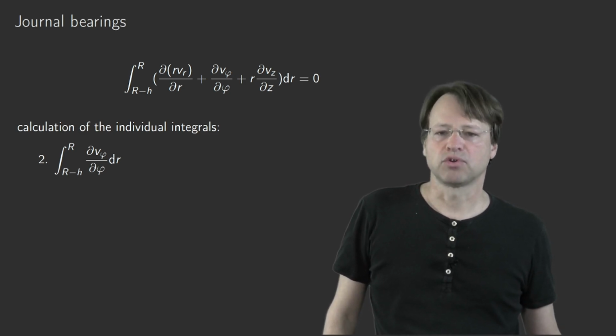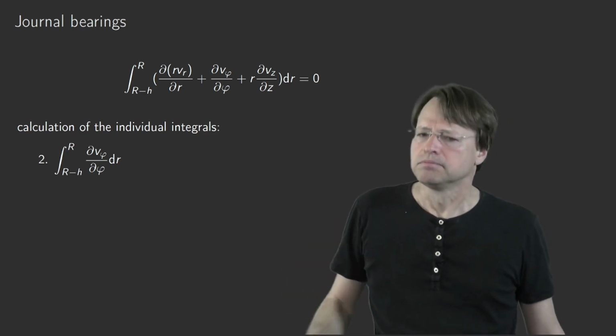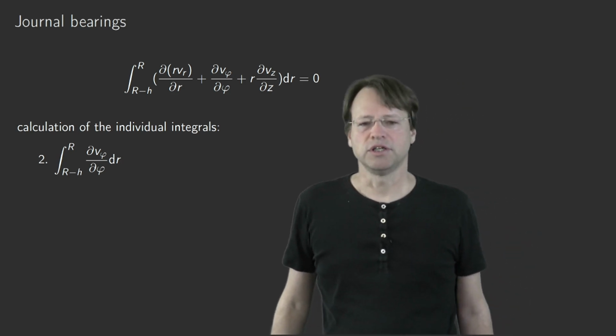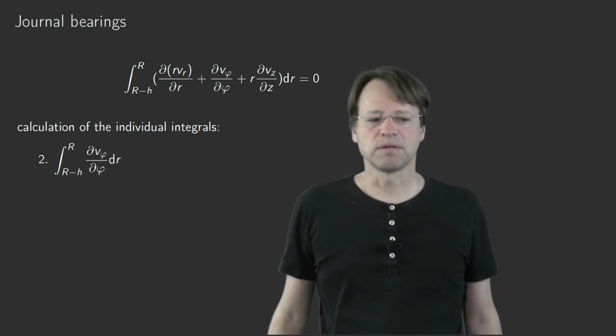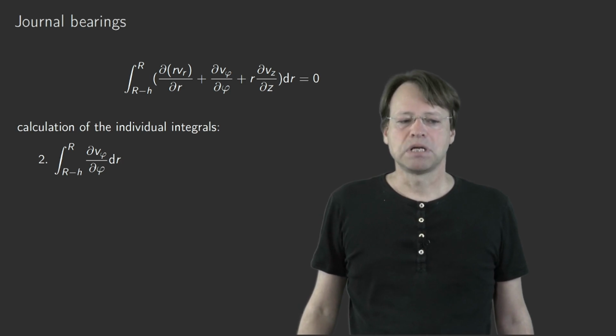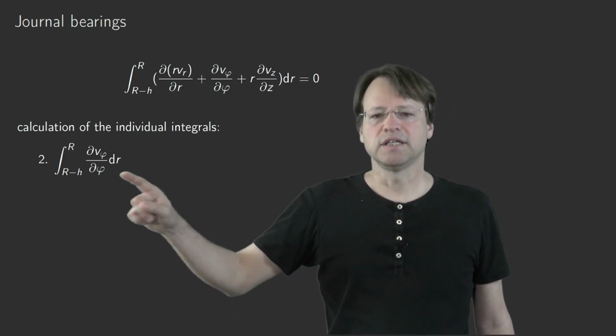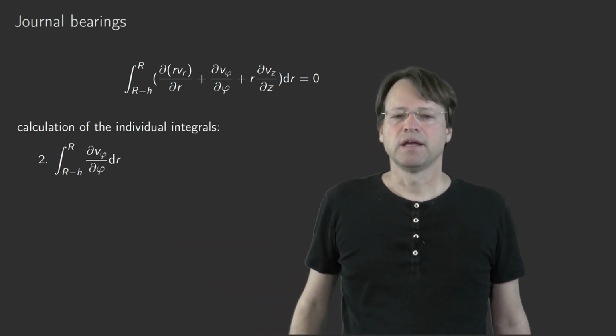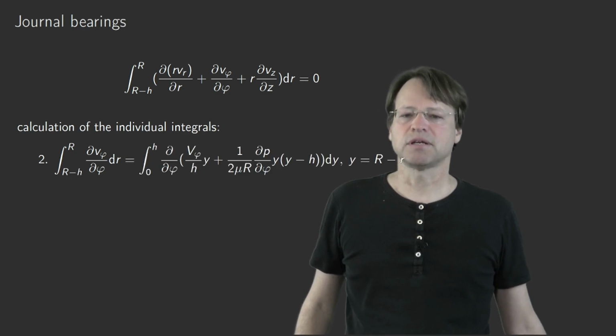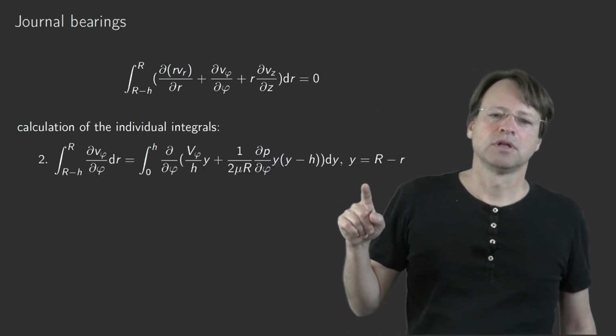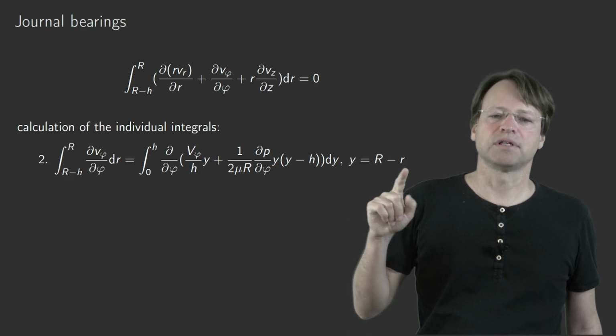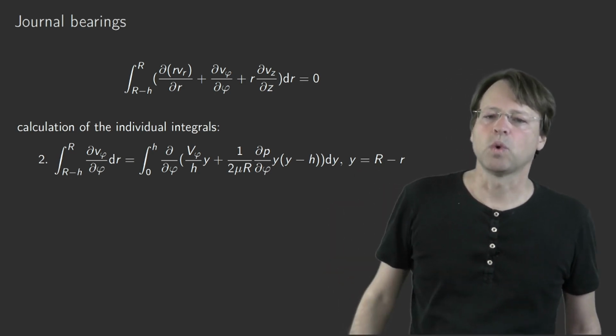How can we solve this problem? Well, maybe we do first some computations and then we think about solving that problem. Let's plug in the expression for v sub phi, and let's at the same time substitute the difference of capital R minus lowercase r by y.